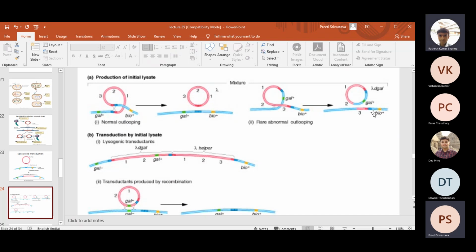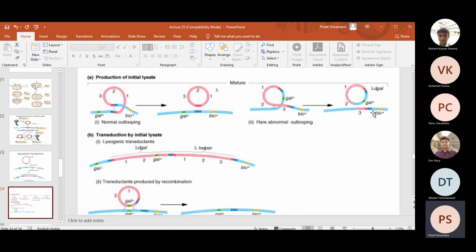Ma'am, the SOS response is like a stress response. And in this stress response, my question is that this excision can happen not just where the virus is integrated, it can happen anywhere in the bacterial chromosome. Yes, it can happen anywhere in the chromosome, but in the bacterial cell there are repair enzymes and repair pathways working all the time, which take care of all kinds of repair. So the moment such damage happens, repair pathways get activated and they repair.